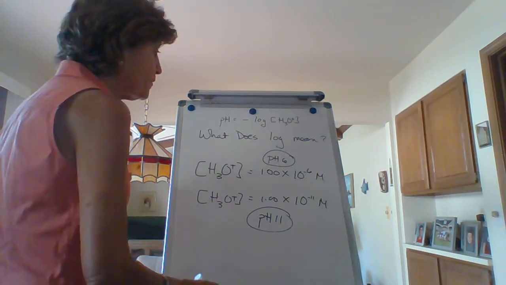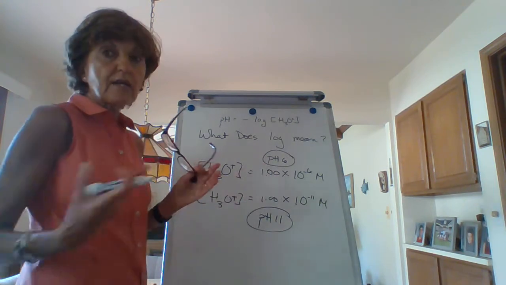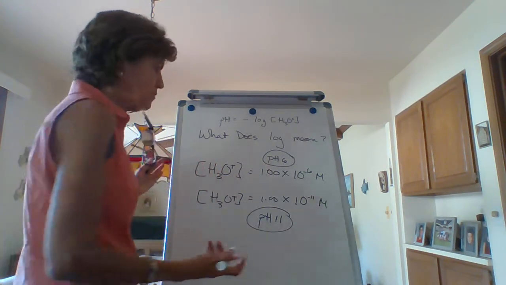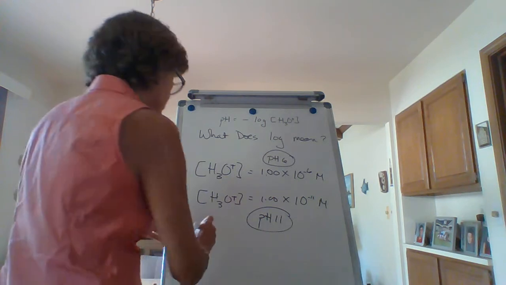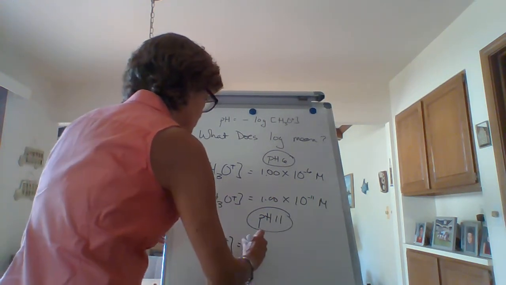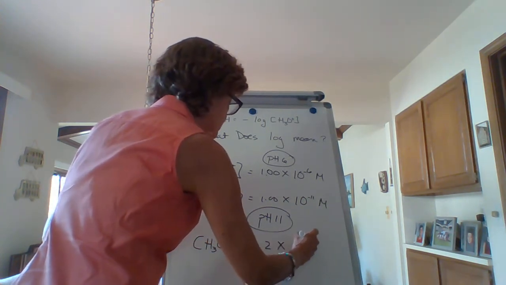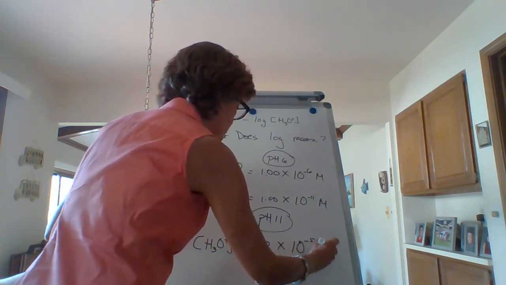Now, if you have a more complicated one where instead of having a 1, you have an actual number that is bigger than 1. So let's say the hydronium ion concentration is 2.2 times 10 to the minus 5 molar.